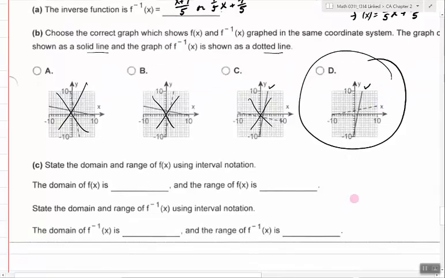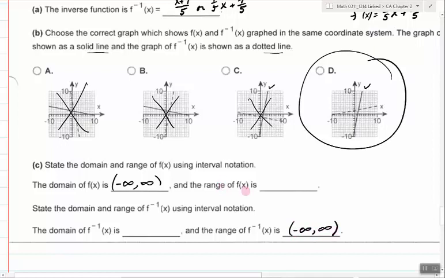It says the domain of f is blank. Well, f is a line. It is this solid line. Its domain is all real numbers. It is from -infinity to positive infinity. And if that's the domain of f, it will be the range of f inverse.